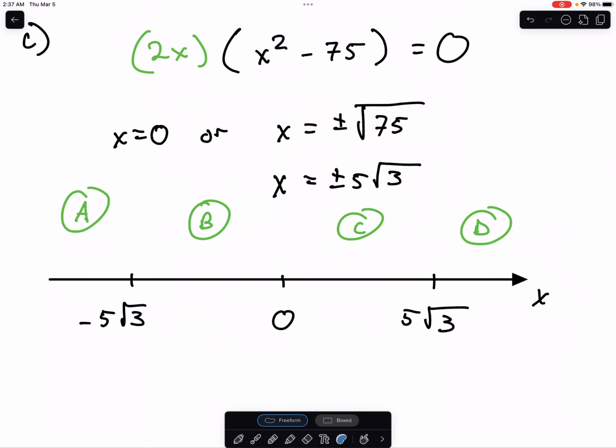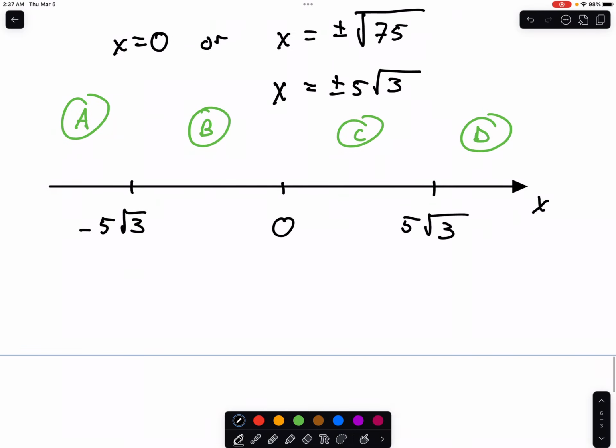All right, let me see. We want to analyze the second derivative and choose test values in each of these regions to see how the second derivative is behaving. So Q double prime.